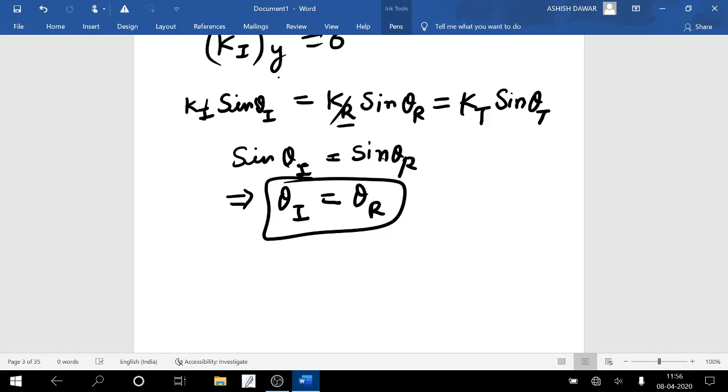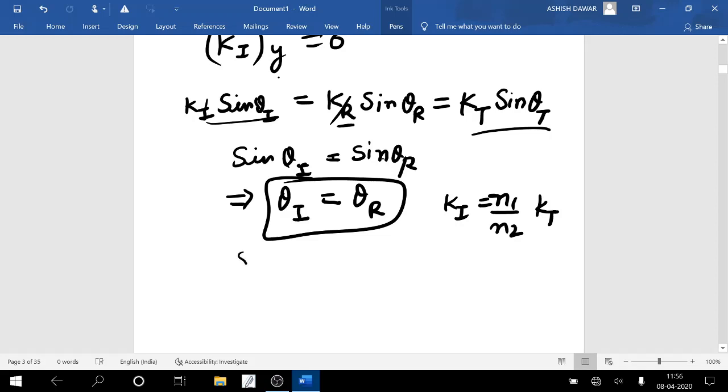Again, as for the transmitted angle, we have k_i sine theta_i equals k_t sine theta_t. And previously from equation 4, we get that k_i equals n1 upon n2 times k_t.